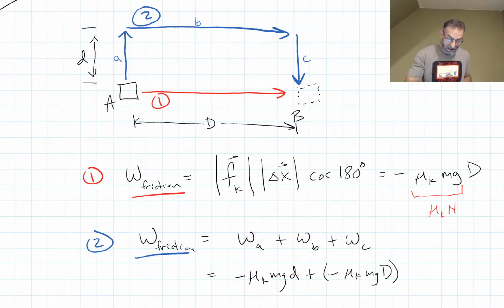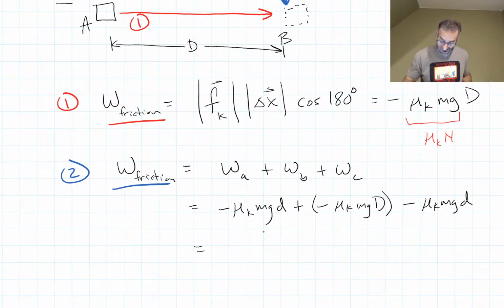And then along this last path, the same thing is true. We get that cosine of 180 along part C. And we add all this up, and we don't get the same as we got last time. We get a much bigger work done by friction.